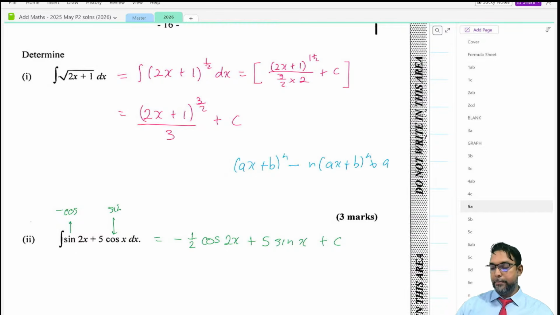Sorry, and n minus 1, my bad. So if you're going backwards, you have to undo both of those things. Instead of decreasing the index by 1, we increase it by 1. Instead of multiplying by that new index, we divide by it. We also multiplied by the derivative of the inside of the bracket, so instead of multiplying by that derivative, we now have to divide by it. Does that help?